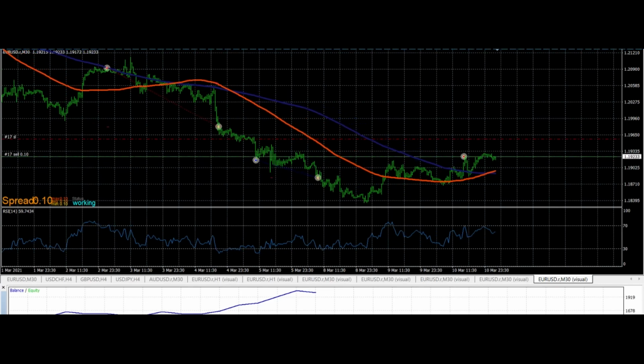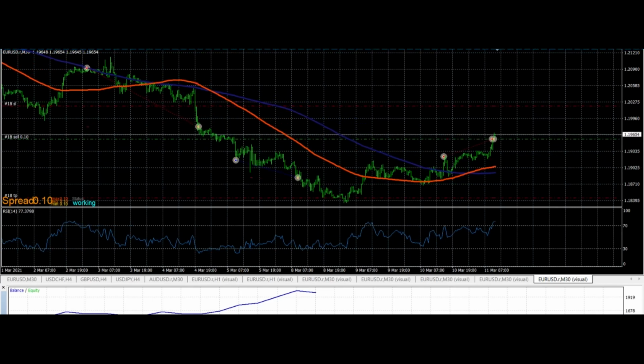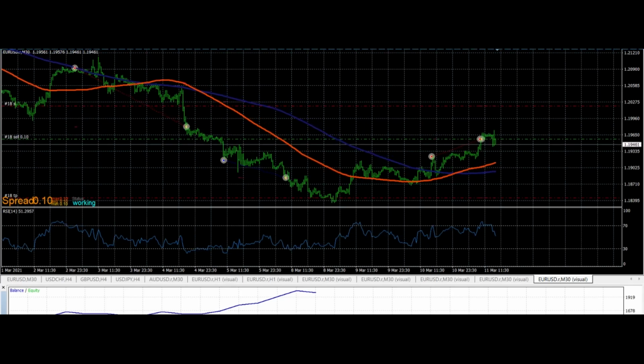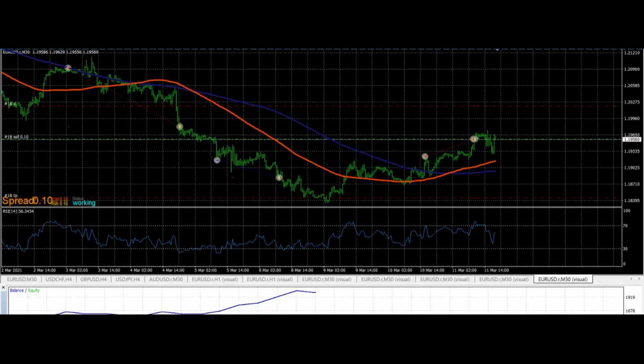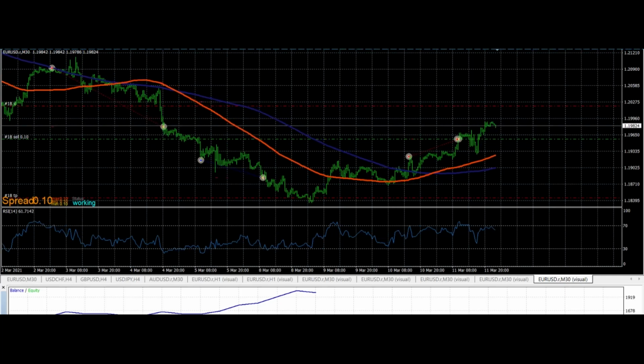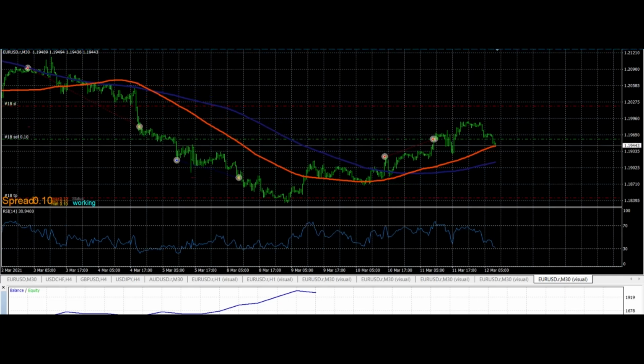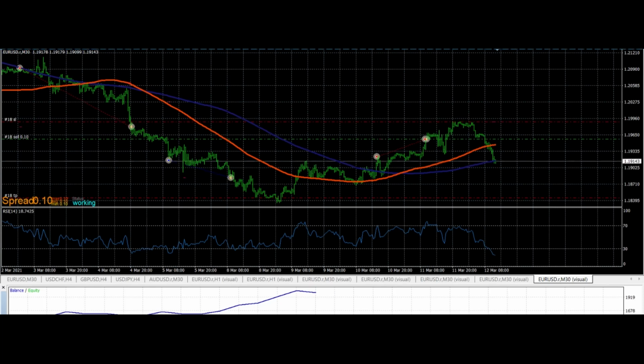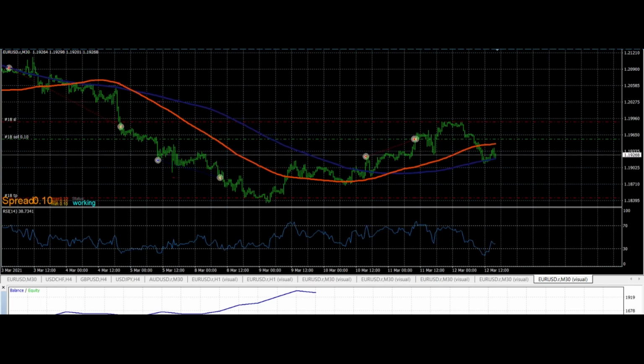Our balance and equity curve also is really good, because it is not some gambling strategy. We don't use martingale, grid, hedge, or any kind of dangerous methods.